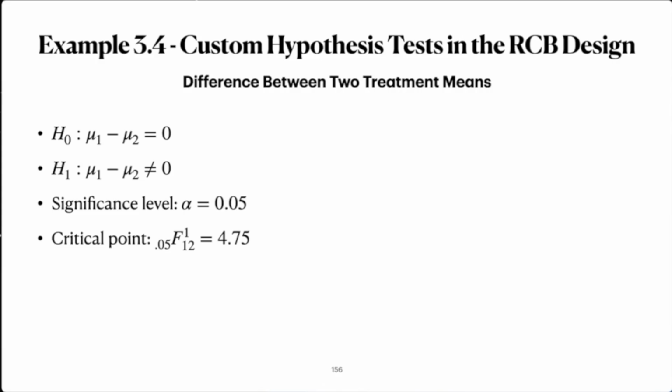The critical point for the test will come from the F distribution with 1 numerator and 12 denominator degrees of freedom. And since we're testing at the 0.05 level, the critical point will be the upper 5th percentage point of this reference distribution. That critical point is 4.75.